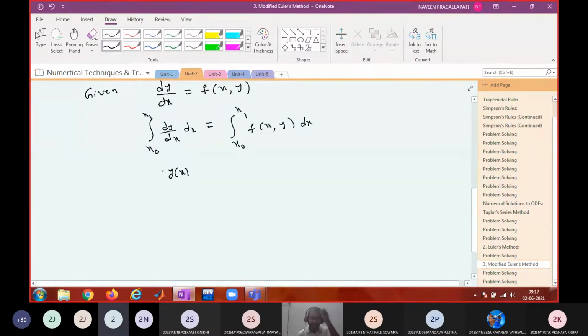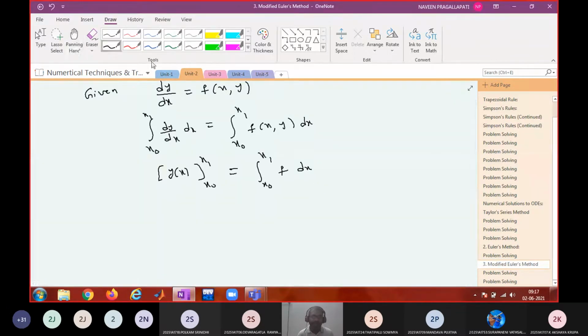Because integration and derivative are inverse operators to each other. So y from x0 to x1 equals the integral from x0 to x1 of f dx, where f means f(x, y). Remember, f is a function of x and y, and y is a function of x. Therefore f is a function of a single variable only, because y is a dependent variable.